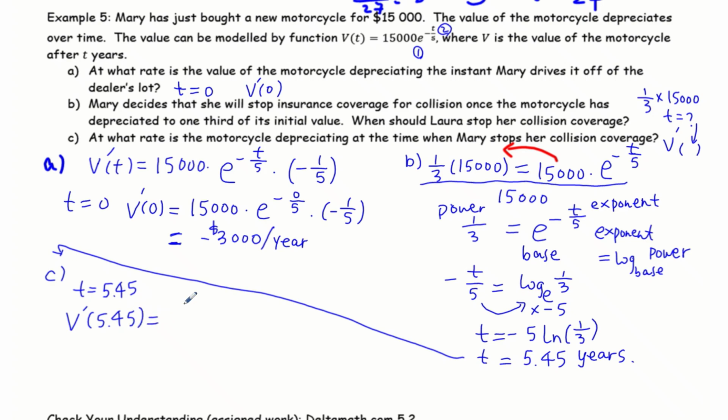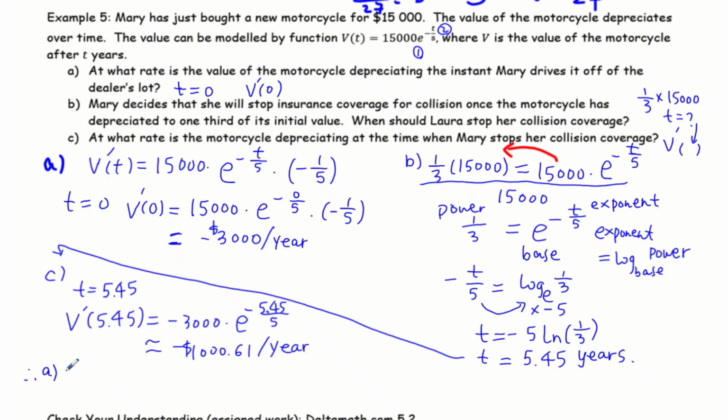We have negative 3,000 times e to the exponent negative 5.45 divided by 5. Then get your calculator out. It's around negative 1,000.61 dollars per year. So you will see after 5 years, the value of the motorcycle drops less than in the first year, 3,000.